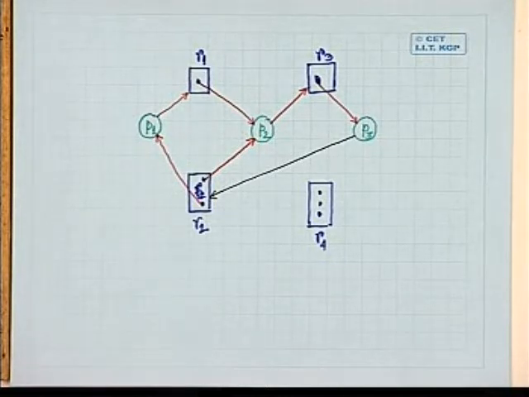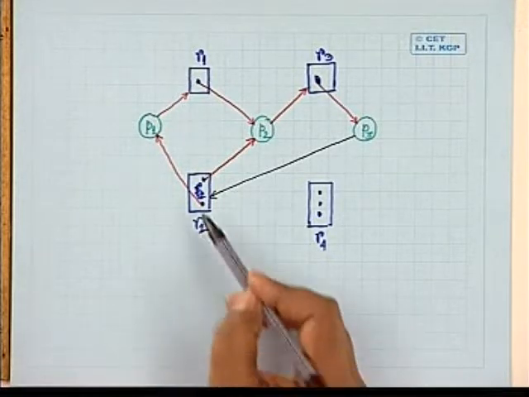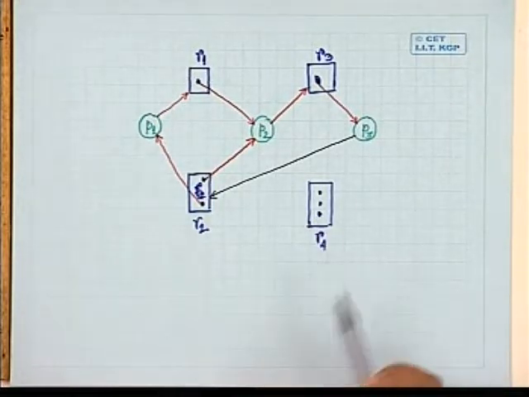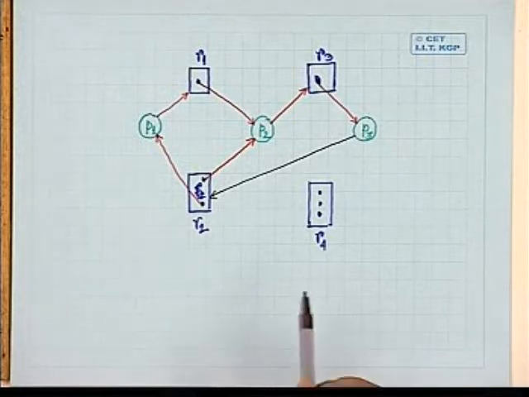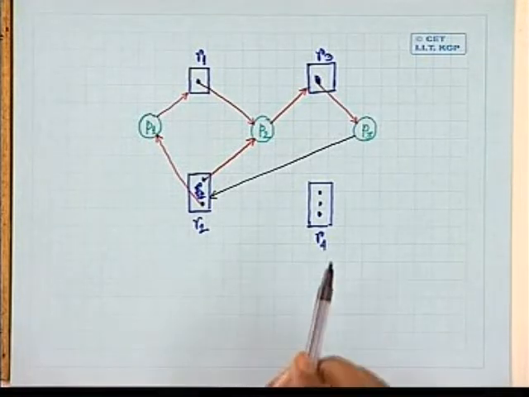Even if there is a cycle in the graph, this may not lead to a deadlock. That is also possible. However, if every resource type contains a single instance of a resource, then existence of a cycle means there is a deadlock. But if the resource types contain multiple instances of the resources, then existence of a cycle means that there may be a deadlock. It does not say that there is a deadlock.